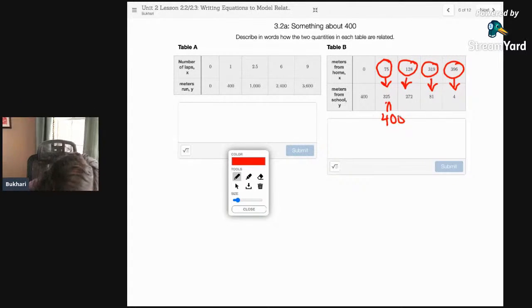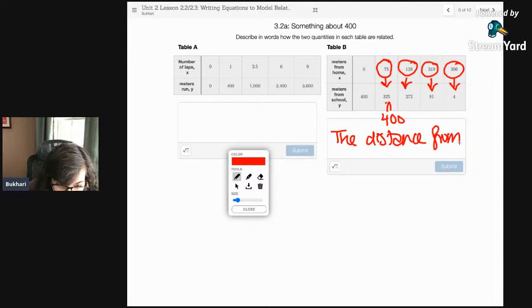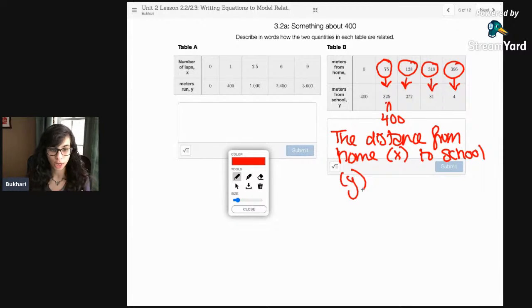And so I can say that the distance from home, which is my X, in meters, to the distance from home to school, school is represented by our Y, is 400 meters.